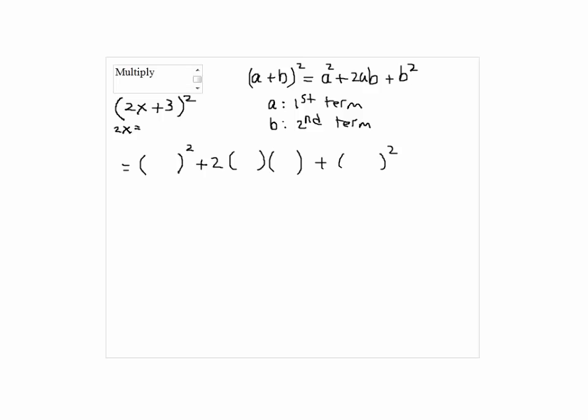So in this case I have a squared plus 2 times ab plus b squared. 2x is my first term. Three is my second term.